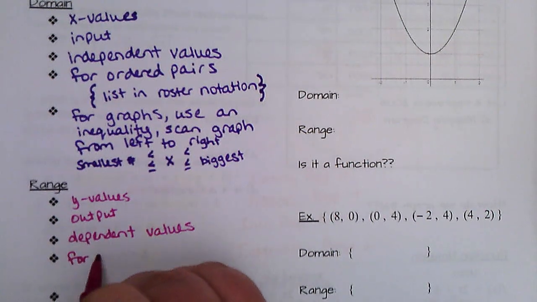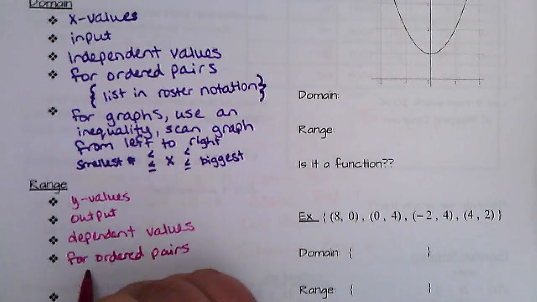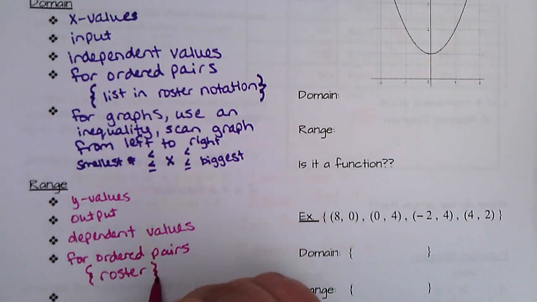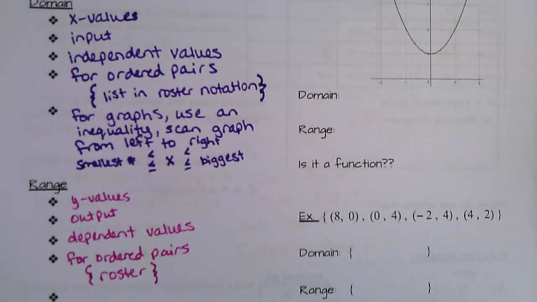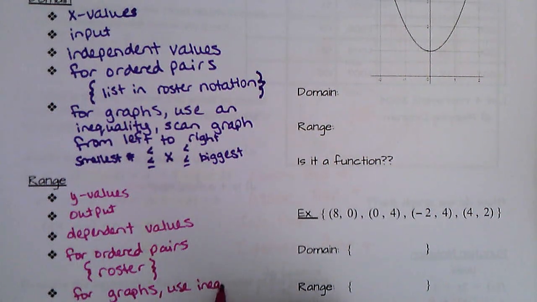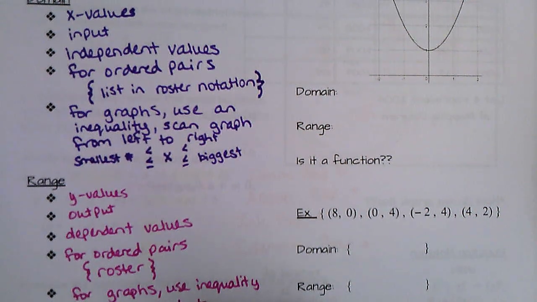And again, for ordered pairs, same thing. We'll use our list of roster notation, parenthesis, arrow, parenthesis. And then in graphs, okay, so for graphs, we're still going to use inequalities, but for range, we are going to scan from bottom to top.